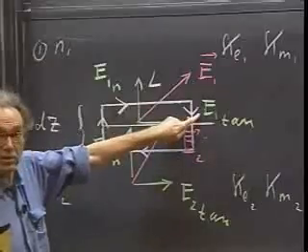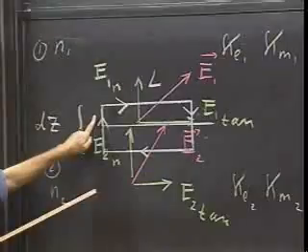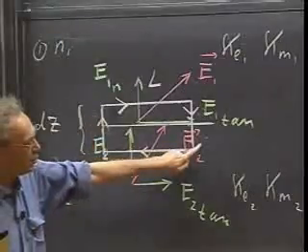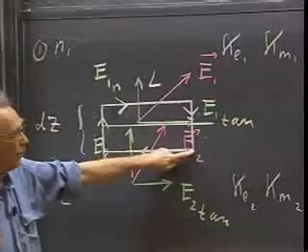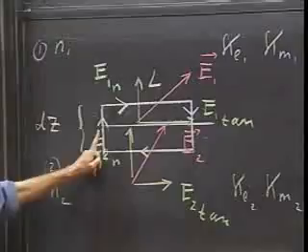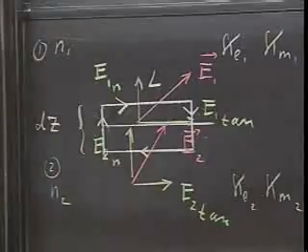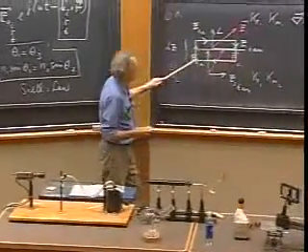So this contribution here and here will exactly kill each other. So there's no need writing them down. And the same is true for medium 2. When I go from here to here, I get one component of the normal E vector with the dl, and here I get another one, and the two will cancel out each other because it's a dot product. So all I have to worry about is the path from here to here and from here to here.